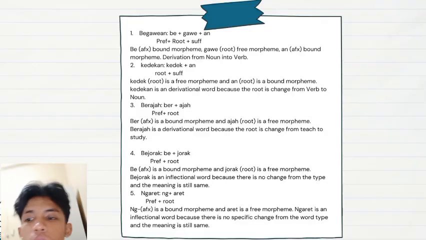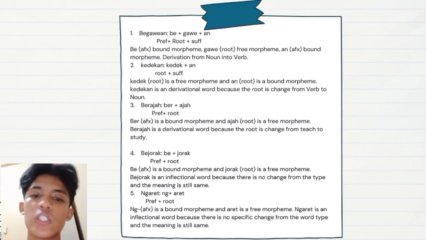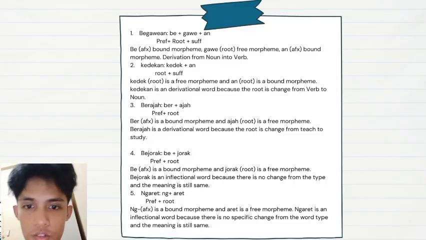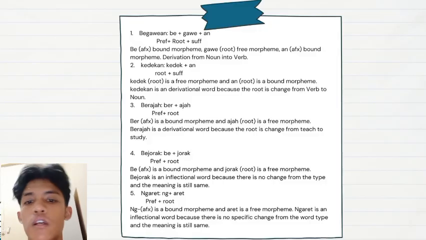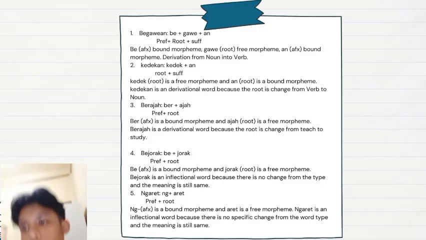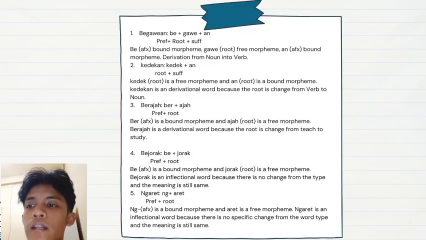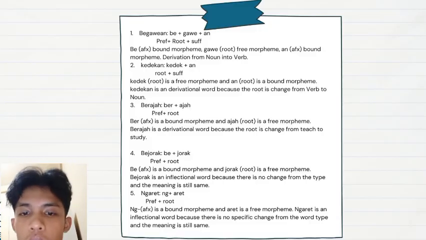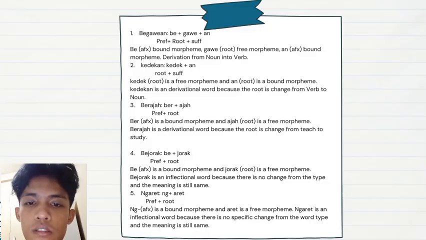Now I will break down at least 5 words into morphemes and indicate which morphemes are free or bound. The first is the word Begawian. In Begawian, the b is a prefix, gawe is a root, and an is a suffix.